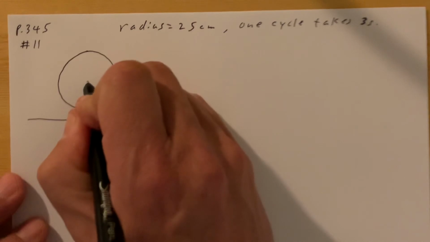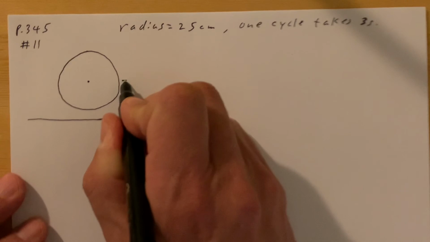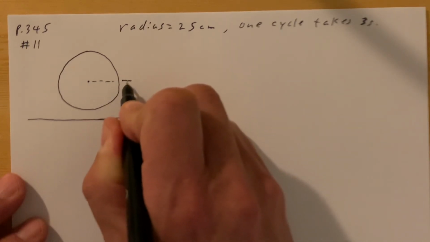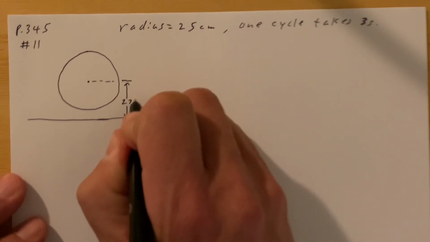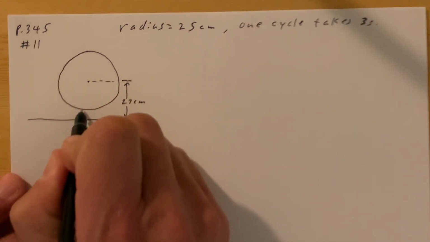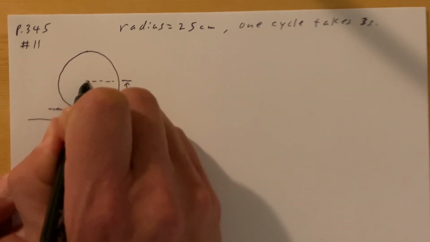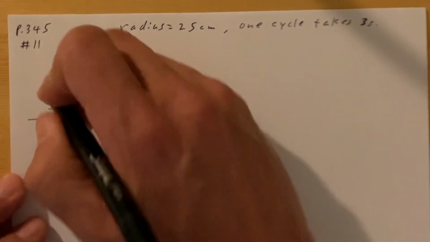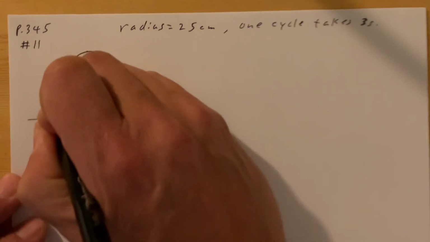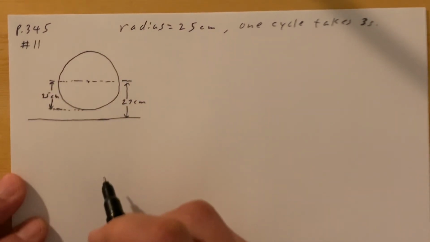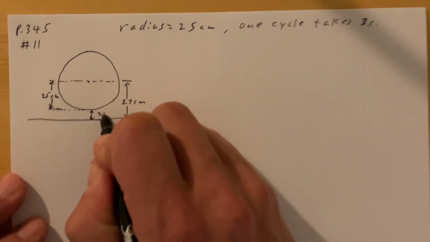Okay, center of the Ferris wheel right there. That distance from there to the ground is 27 centimeters, and the distance from the bottom to the center is 25 centimeters, okay, because that's the radius. So that would make this distance here 2 centimeters.